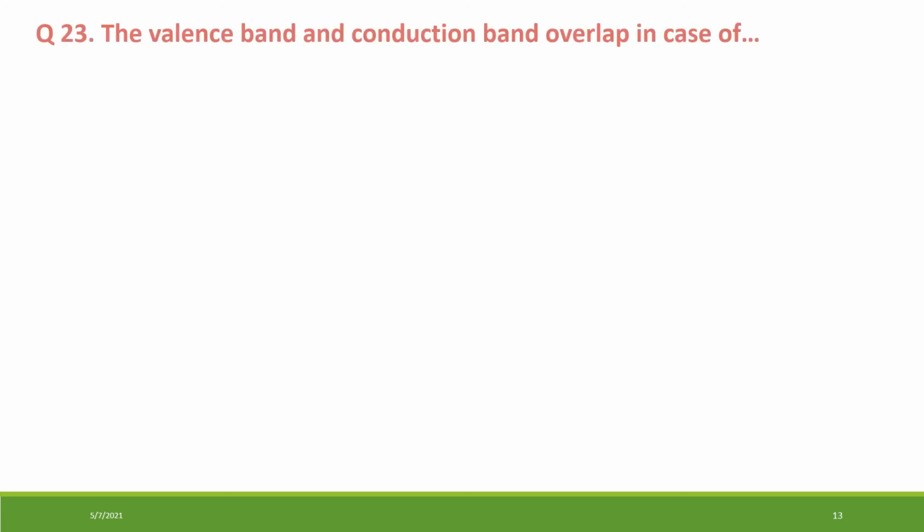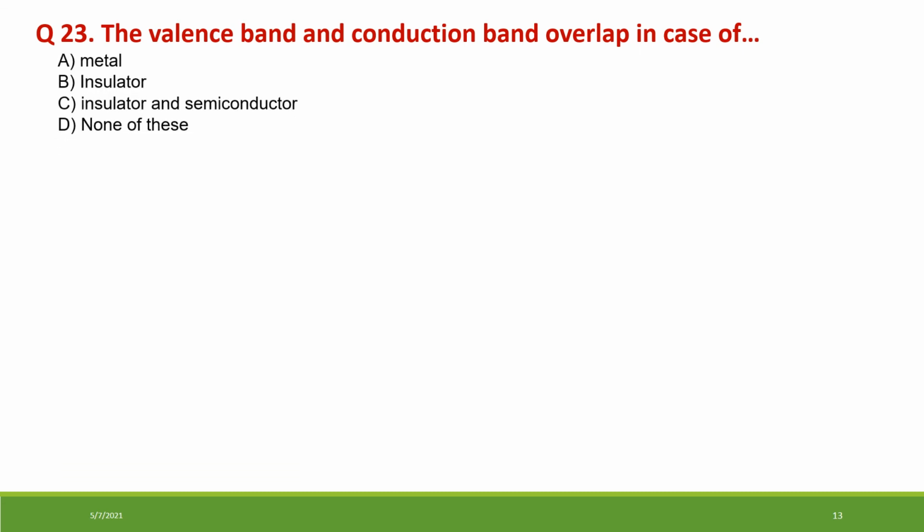Question number 23. The valence band and the conduction band overlap in case of, options A metal, B insulator, C insulator and semiconductor, D none of these. First of all, we know suppose these are the conduction band and the valence band.